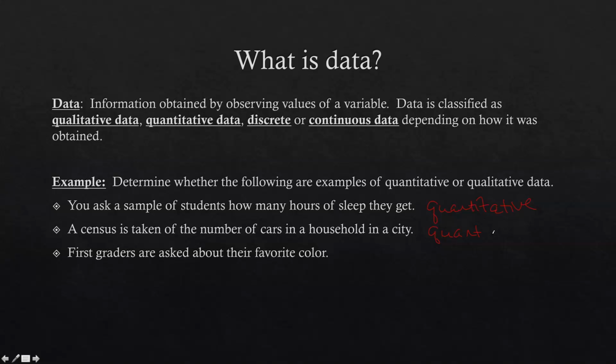You can count the number of households, the cars in each household. Now, this is the one: first graders are asked about their favorite color. That is not a numerically valued piece of data. So we would say that is qualitative, because it's not numerically valued.